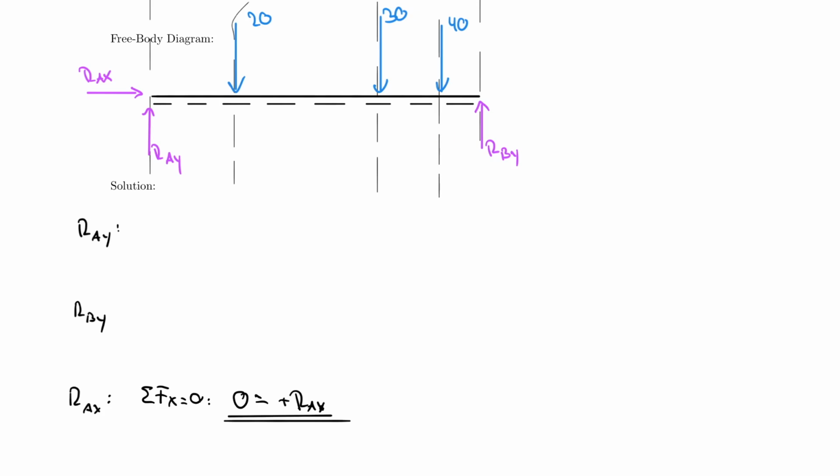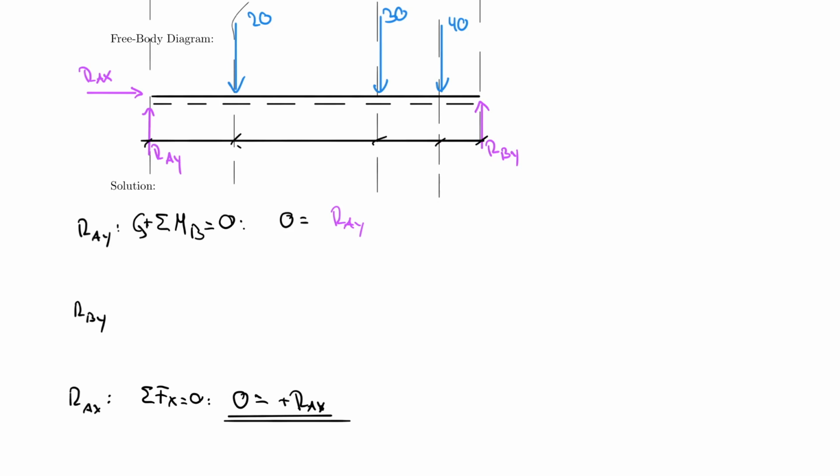All right, let's find RAY. Remember from our explanation before that if I want to find RAY, I need to make RBY disappear. So I take the sum of the moments about this point. So I write down the sum of the moments about B is equal to 0, counterclockwise positive. And then I say 0 is equal to RAY multiplied by, I need to bring down my lengths here. So let's actually do that.